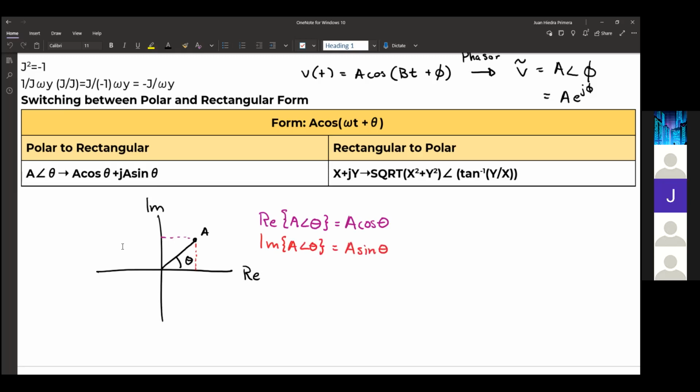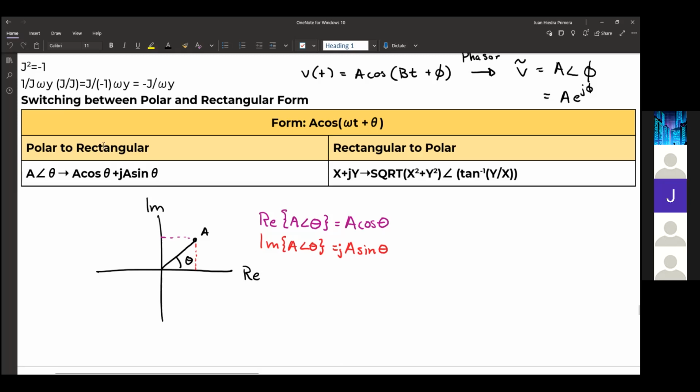Note that since it's an imaginary component, you have to add your nice little imaginary constant to it. And there you go. So that's a more general explanation of how you can go from your polar to your rectangular. Now, what if you want to go the other way?